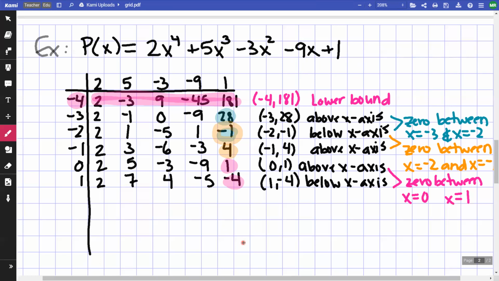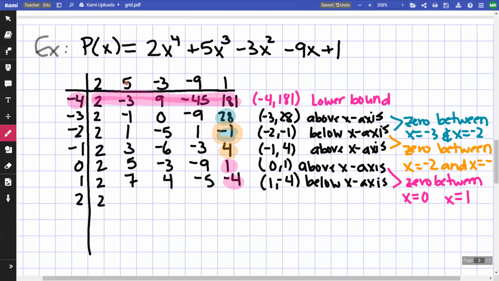So let's try 2 and see what happens with 2. Okay, so far I have 3 zeros. So let's say I try 2, because I need 4 zeros because it's degree 4. So I bring down my 2. 2 times 2 is 4.